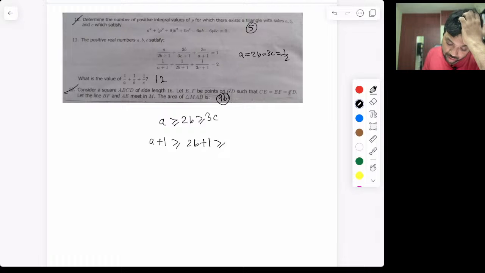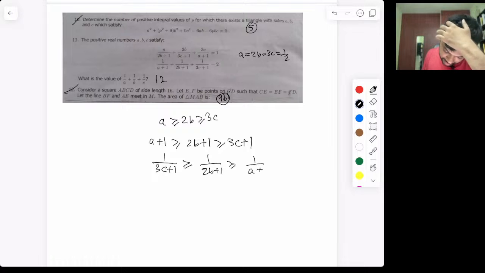Why not use this opportunity to learn a new inequality, right? Then 1 by 3c plus 1 is greater than or equal to 1 by 2b plus 1 is greater than or equal to 1 by a plus 1. And by rearrangement inequality, a by 3c, oh, I think I have to order it slightly differently.